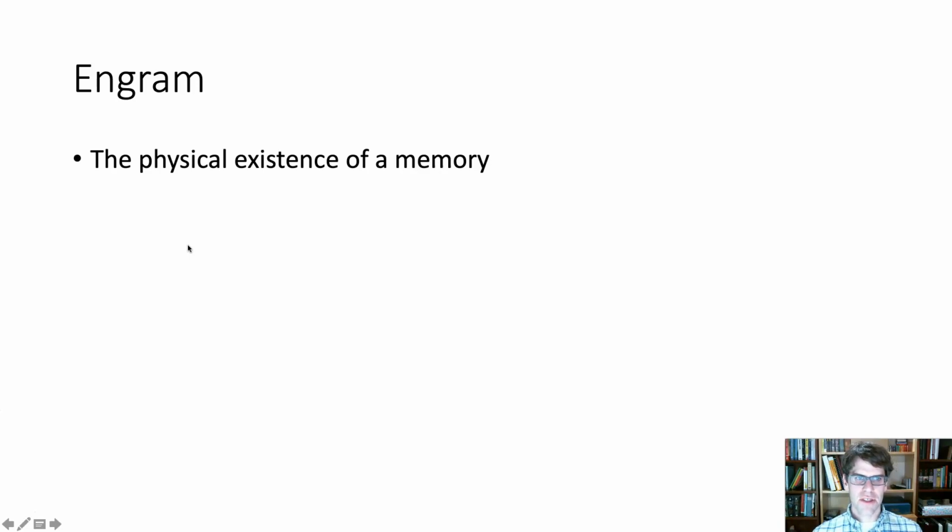Physically, what is a memory in your brain? We have a better understanding now, and the TED Talk you'll watch will talk about that quite a bit. But we still don't exactly know what the physical representation of a memory in your brain is, and this is very much what a neuroscientist is looking for.